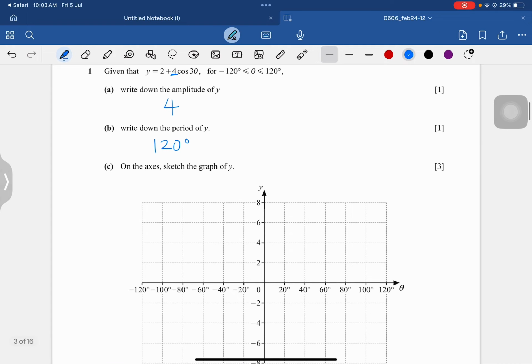Sketch the following. Okay, you can use plot. If you understand, cos theta will be like this until 360. Cos 2 theta will be double of this until 360, and then two of them is 360, one of them will be 180.